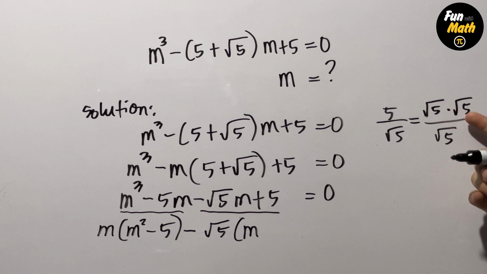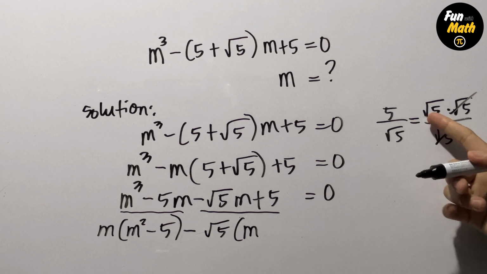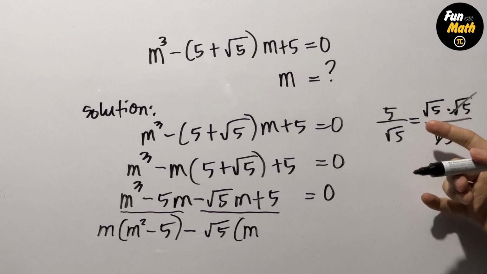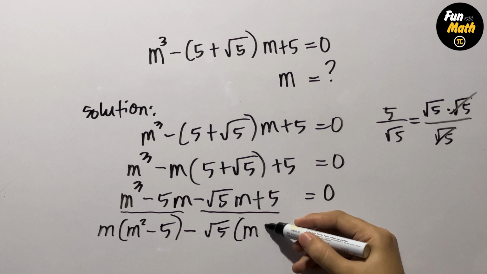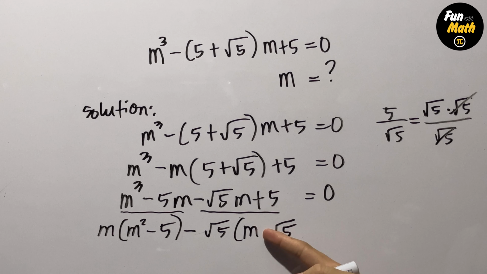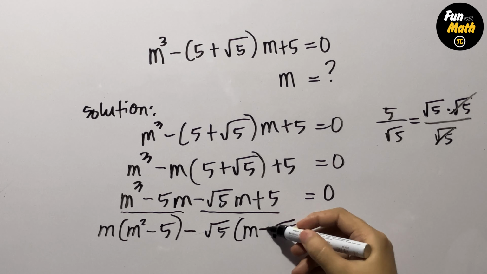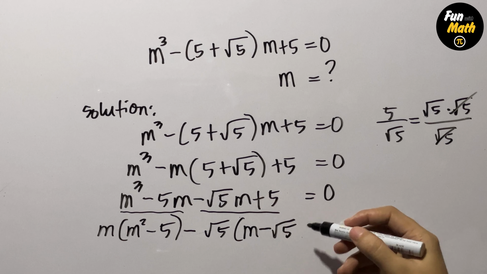So we just split into this. So now we can cancel, and we're left with square root of 5. Therefore, this is square root of 5. And the sign would be minus, since it's had negative times negative, it's positive or plus.